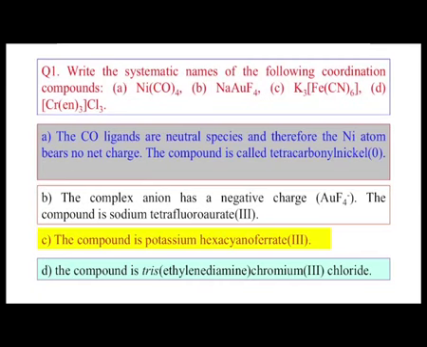For the second one, the square bracket is not written, but the complex would be under square bracket, and sodium is outside the coordinate sphere. This was deliberately not given so that we do not get confused. The cationic part is sodium plus and the anionic part is AuF4 minus.